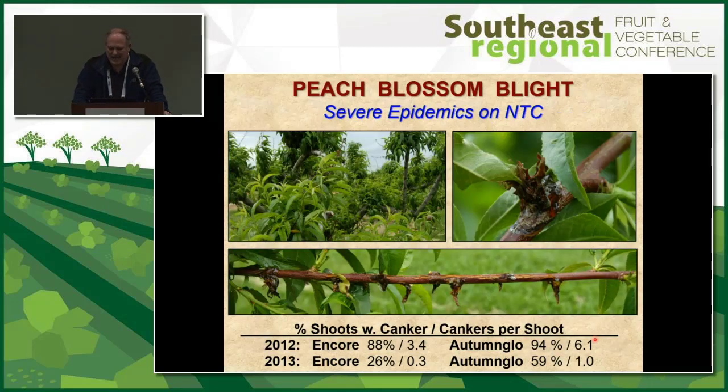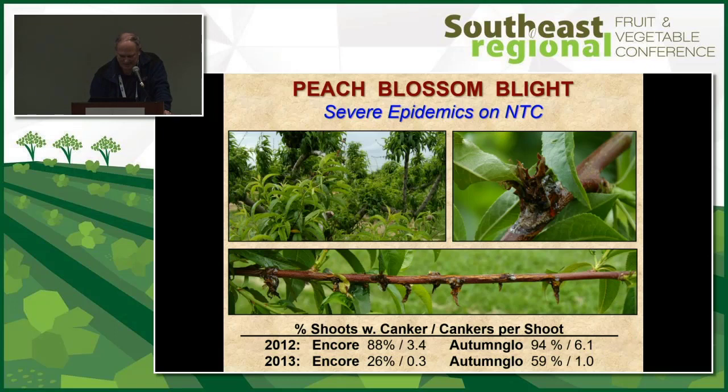All right, here's just an example of how bad it can get. These are on my non-treated control trees, okay, and these are some severe epidemics. And if you look down here at the numbers, in 2012 on this Encore block, we had 88% of the shoots with at least one canker, and an average of 3.4 cankers per shoot. And then on a nearby Autumn Glow block, 94% of the shoots with at least one canker, and 6.1 cankers per shoot.